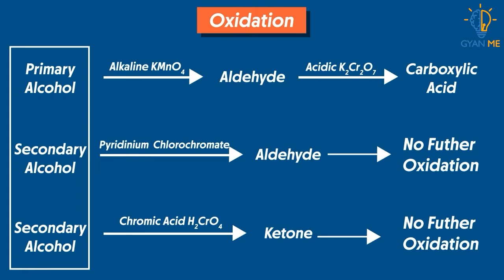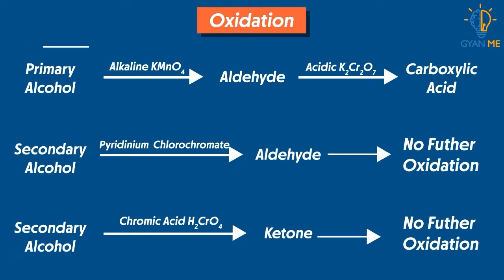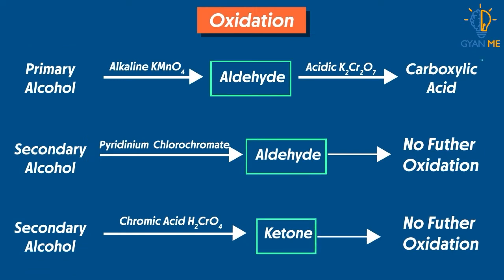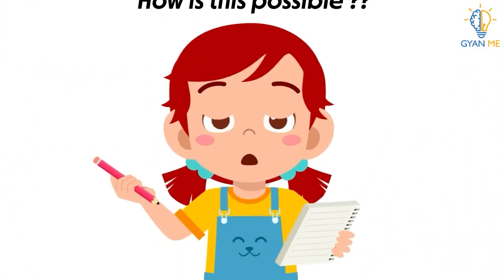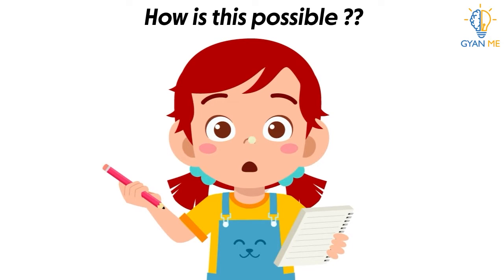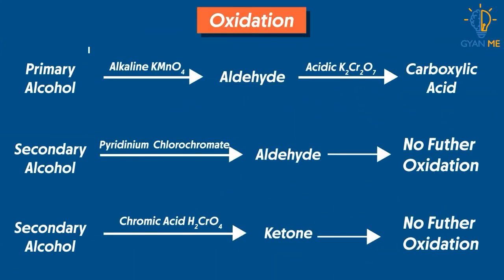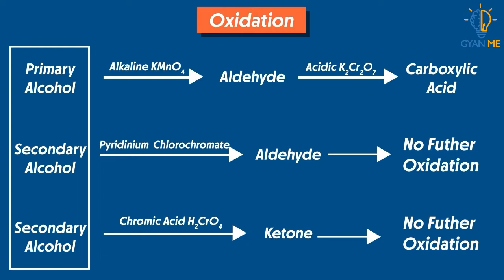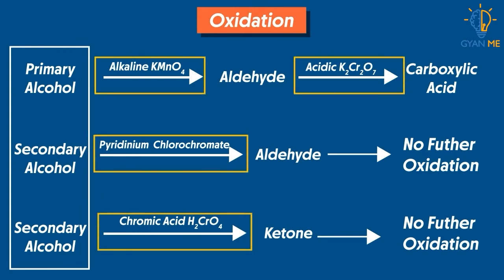We learned that carbon compounds with alcohols as functional groups on oxidation give various products like aldehydes, ketones, or carboxylic compounds. But the question is, how is this possible? Well, it is all because of the different alcohol compounds and different oxidizing agents that we use.